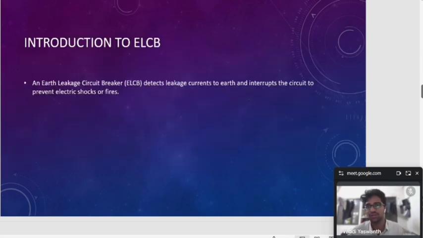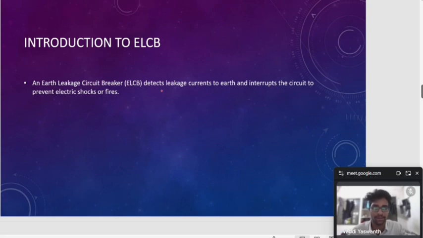Now, coming to the concept of ELCB. ELCB is an earth leakage circuit breaker. Whenever there is a leakage of current in a circuit, it should be directed to the ground so that no electrical shocks will happen to the person.